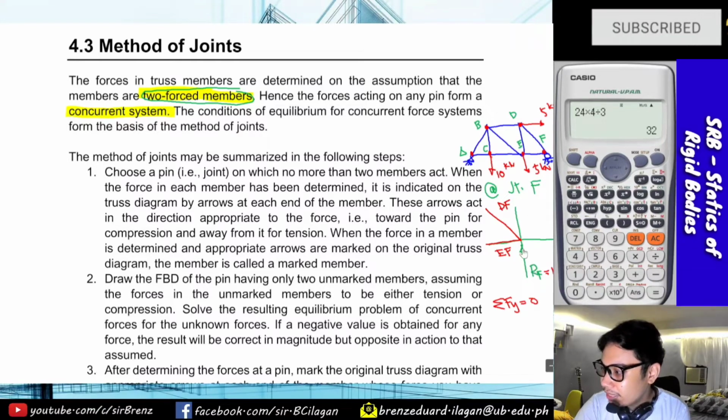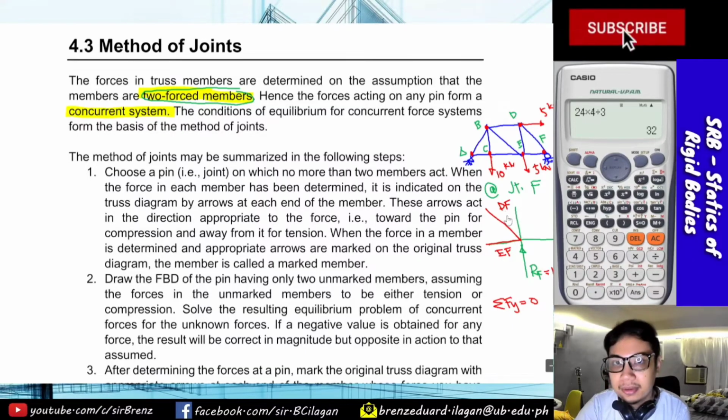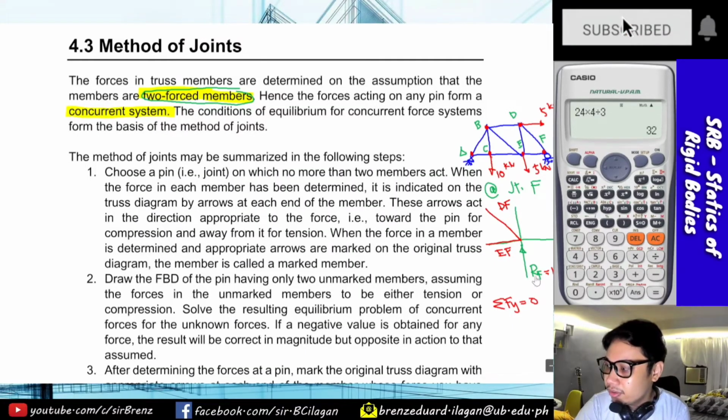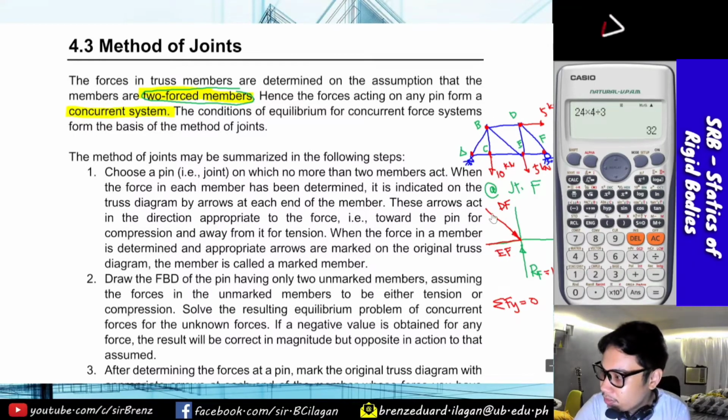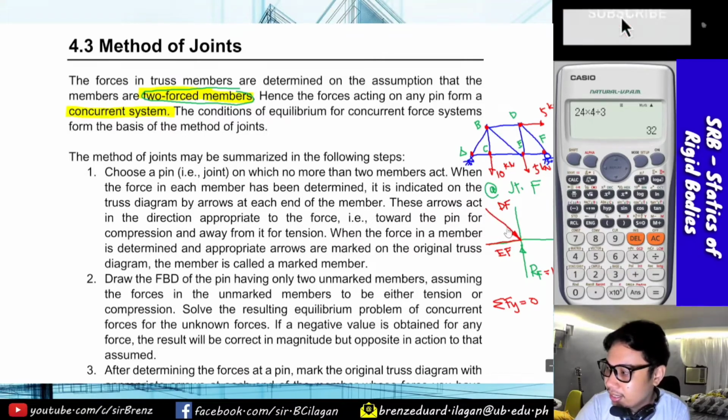So, since ito is pataas, so therefore, ano dapat yung magiging direction ni DF para ma-counteract yung upward reaction ng RF? So, tama. So, dapat itong DF mo should be in compression. Bakit? Kasi yung Y component niyan, di ba ito may component kasi nakatagilid yan? Or it is acting at a certain angle.